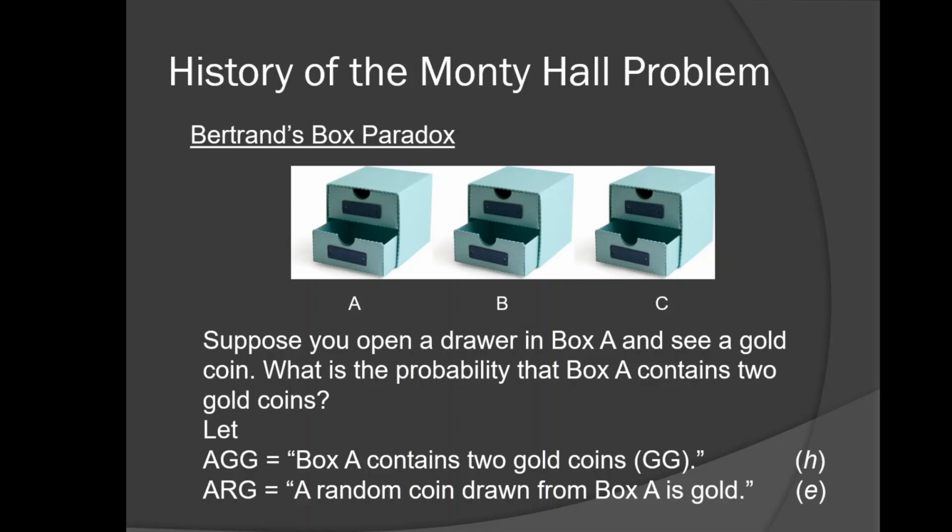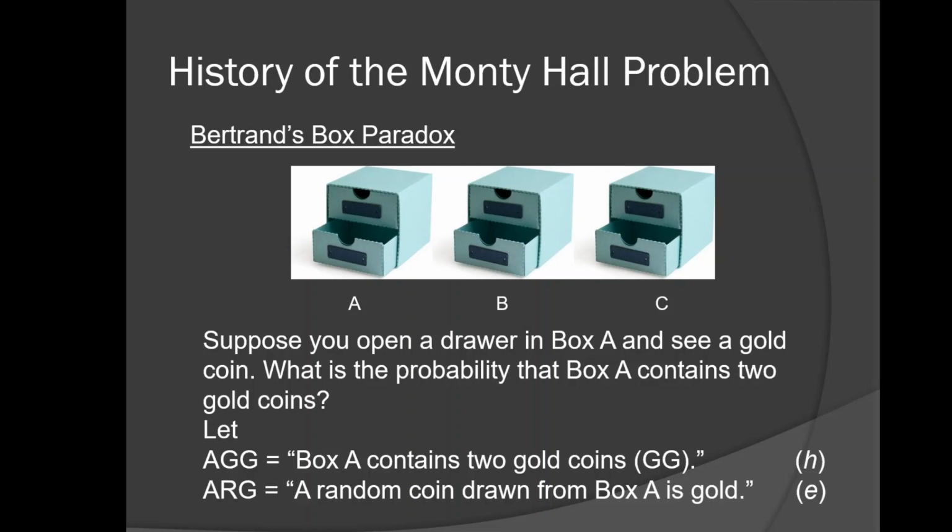Before we take a look at Bayes' theorem, let's take a look at the intuitive reaction to this question. Intuitively, if you were to open a drawer in box A and find that it contains a gold coin, then you can rule out that box A is the one that contains two silver coins.